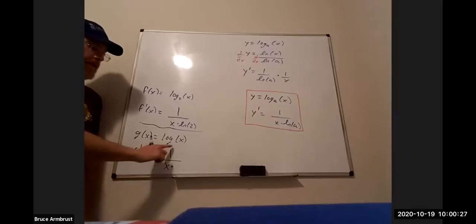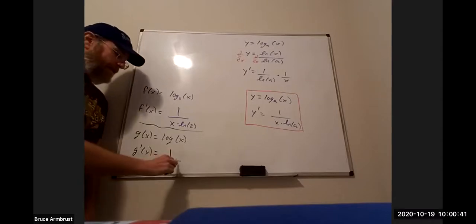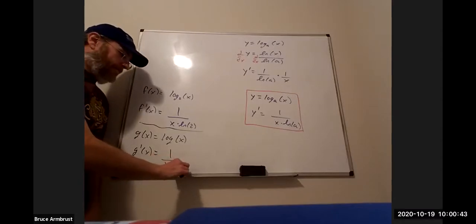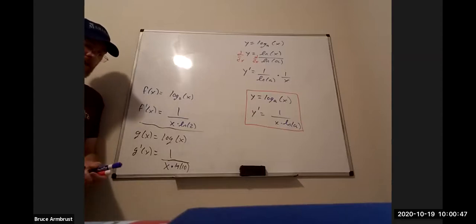Oh, a bunch of you just started throwing it in there. It's 10, base 10. If we just write log, it's implied that it's base 10. So there's going to be 1 over x times the natural log of 10.